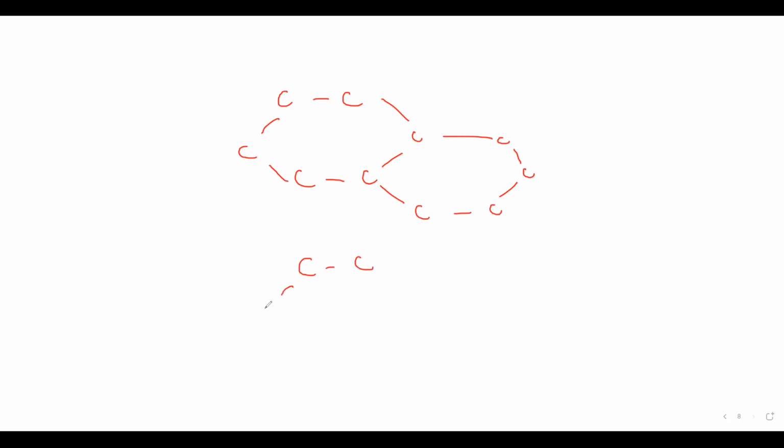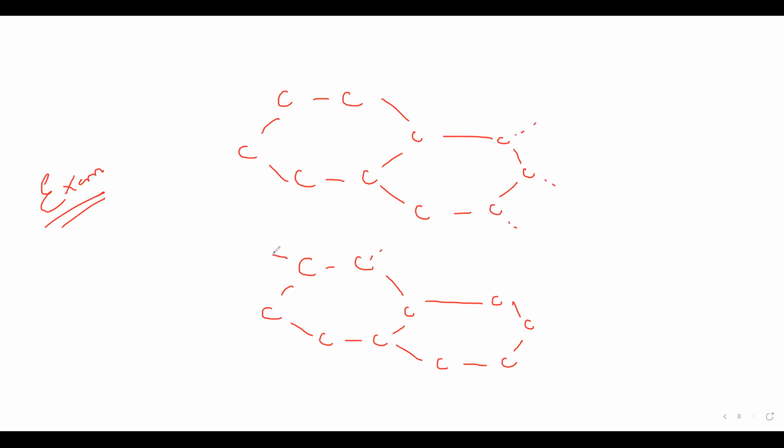So this is what you will draw in the exam. You can just show a dotted line that shows that the structure continues. Is it clear? The structure of graphite?